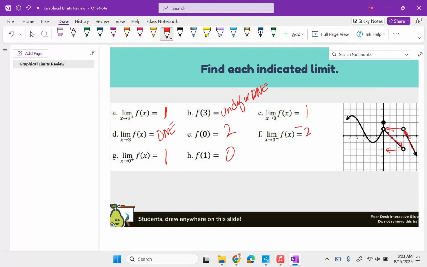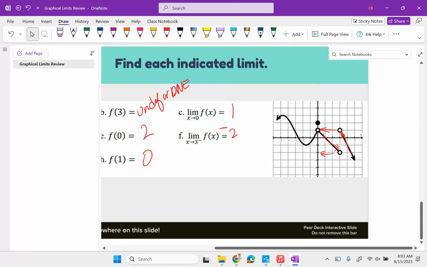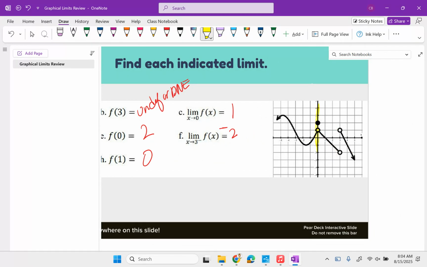Should C have been DNE since there's two? Let's look at limit C, as x approaches 0. That's a good question. Remember, when we're looking at the limit, we're only looking at what it approaches. So we want to trace our function.